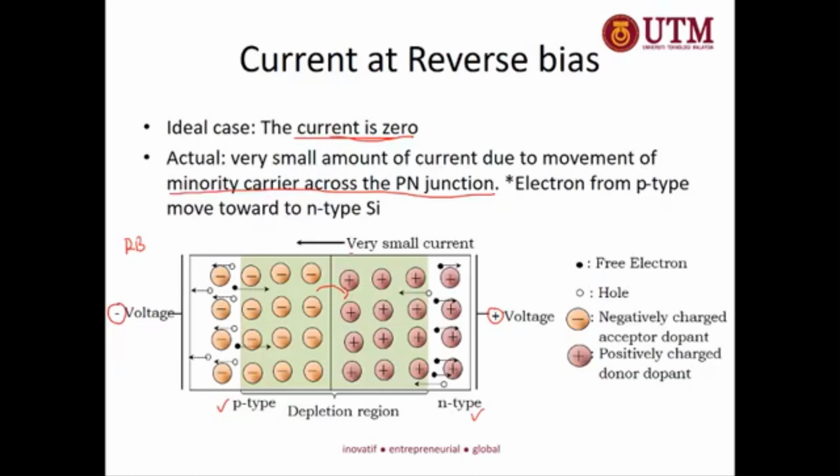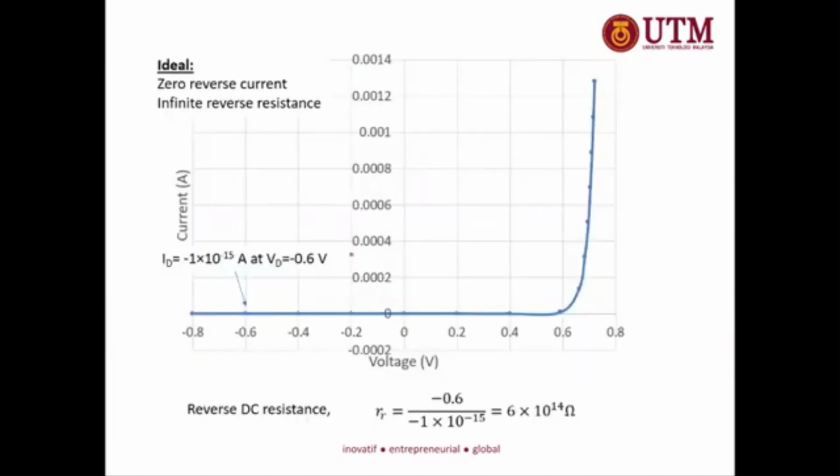Since the number of electrons is very low, the current is very low. This is the graph. The value of the diode current at VD equal to negative 0.6 volt is around 10 power of minus 15 ampere. So it's very low.